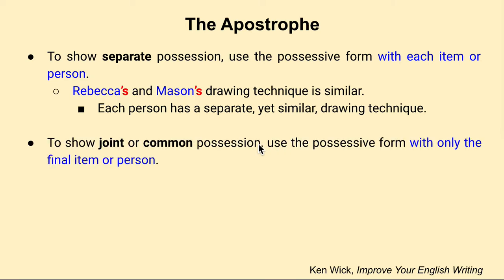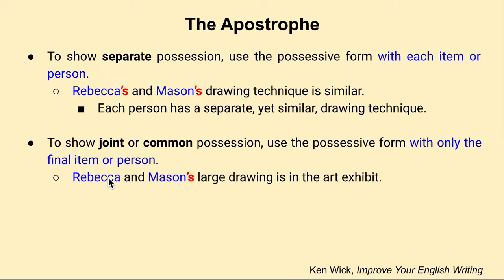To show joint or common possession, which maybe I seem to see more often in my reading, but I don't know if it's actually more common statistically, use the possessive form with only the final item or person.